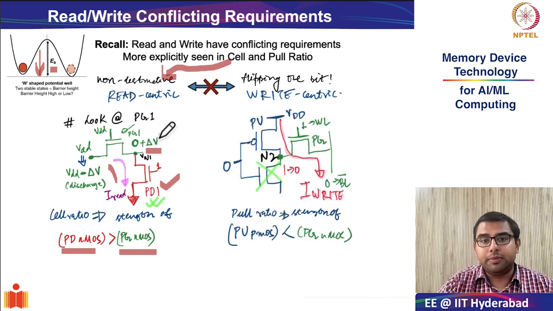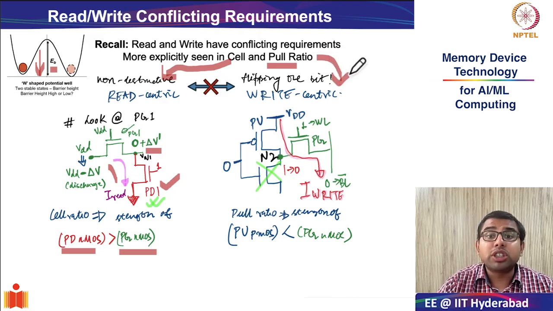On the other hand, the pull ratio is what determines, or improves, the flipping of the bit from 1 to 0 during the write operation.